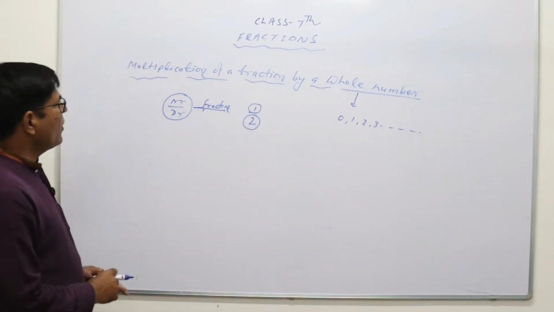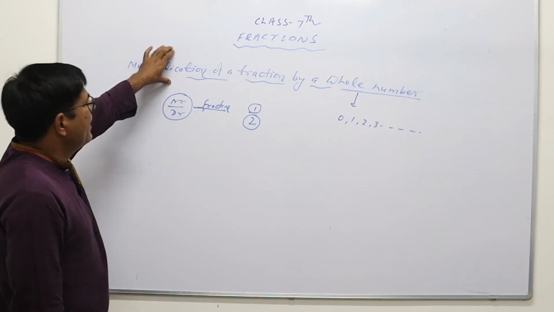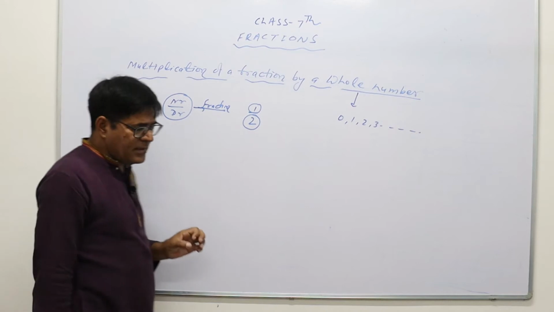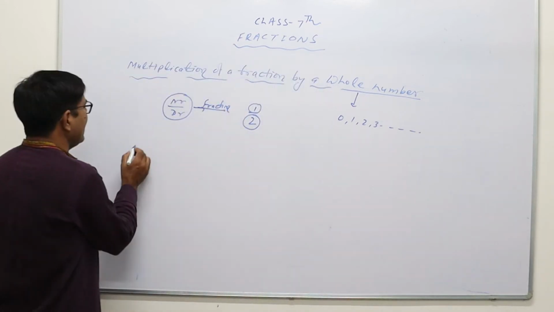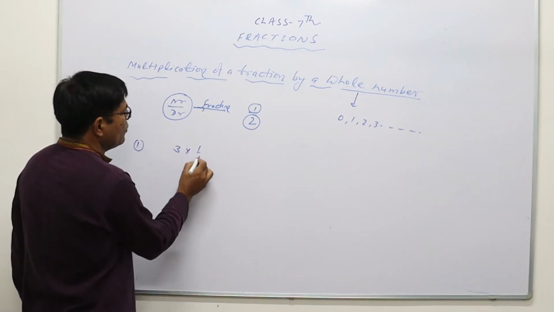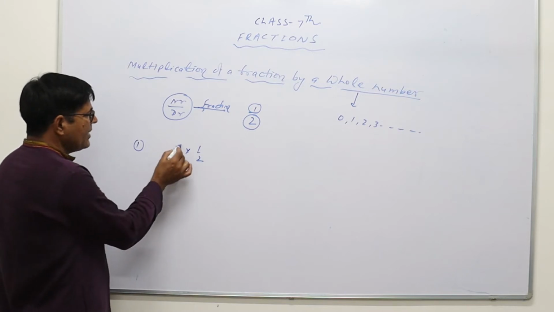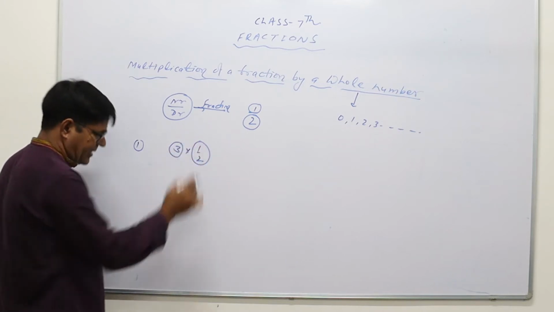So now what do you understand by multiplication? Multiplication means repeated addition. For example, if we have to multiply 3 into 1 by 2, here this 3 is a whole number and this 1 by 2 is a fraction.